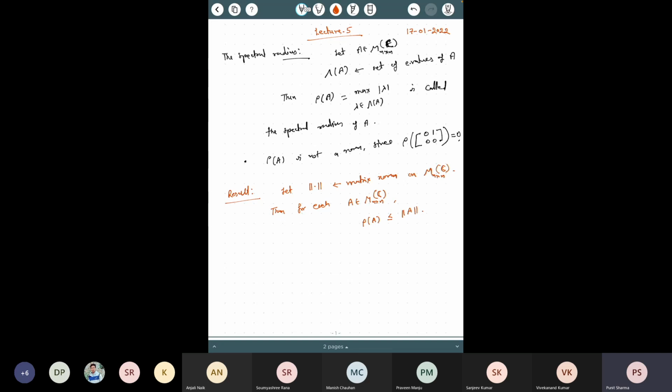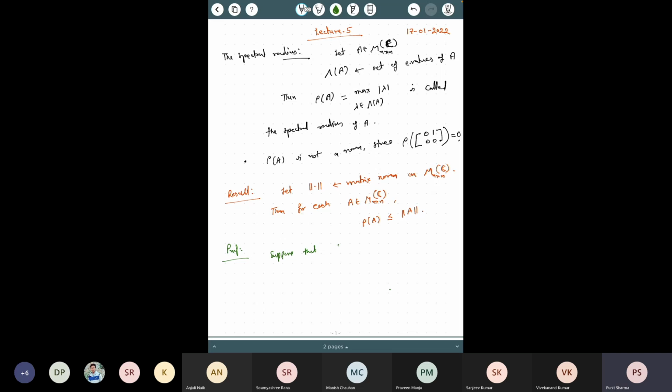So why is this result true? This is not difficult to observe. What we have to show is that rho A is less than or equal to the matrix norm of A. Okay, so we know that rho A is the largest eigenvalue in modulus.